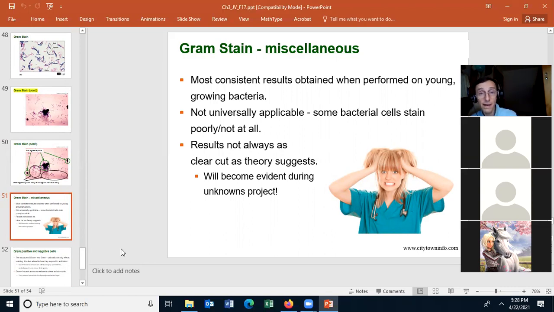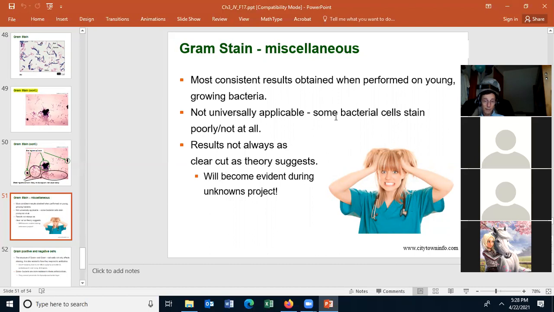The Gram stain is not universally applicable. Some bacteria stain poorly or not at all. It's mainly the mycobacteria, and that's because the Gram stain is a water-soluble stain, and the mycobacteria have a lot of lipid, mycolic acid, in their cell walls, and so the cells do not readily take up the stains of the Gram stain.